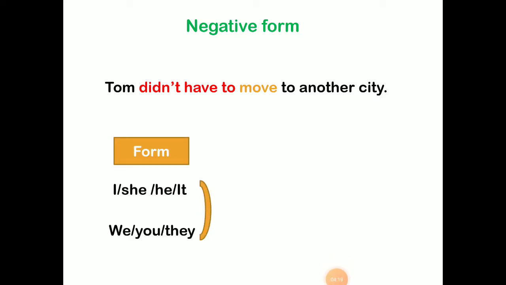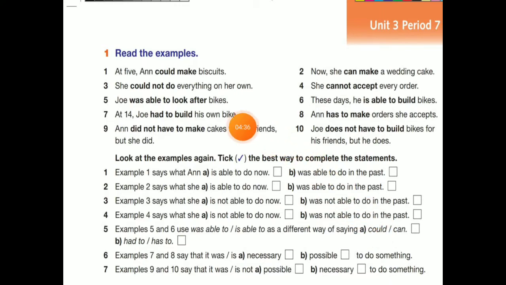Look here at the form: I, she, he, it, we, you, they, يعني all pronouns plus didn't have to plus the infinitive, which means wasn't necessary in the past. Okay, please now open your books and let's move to our student book.